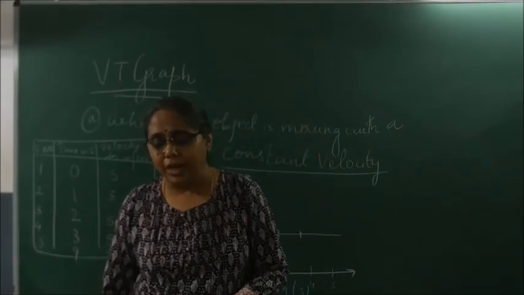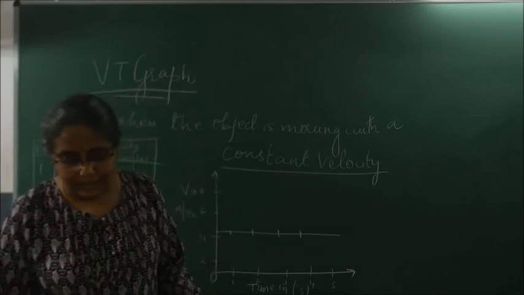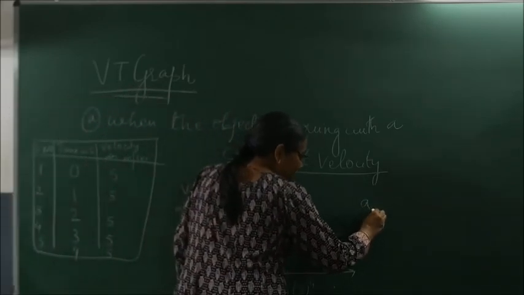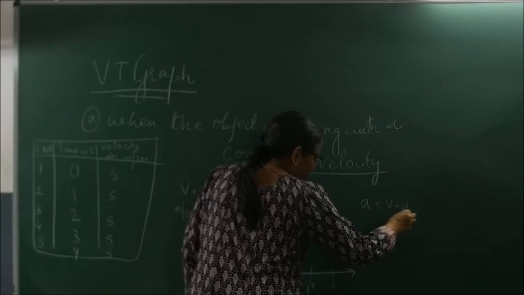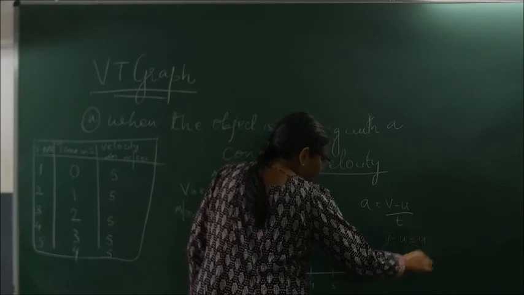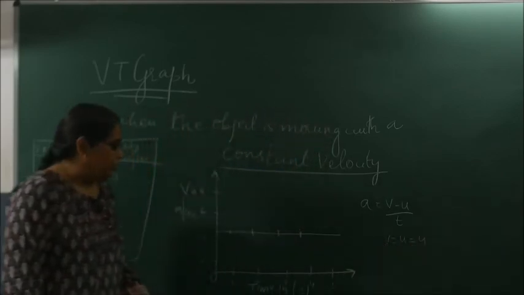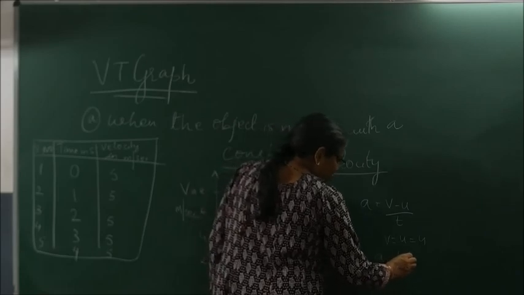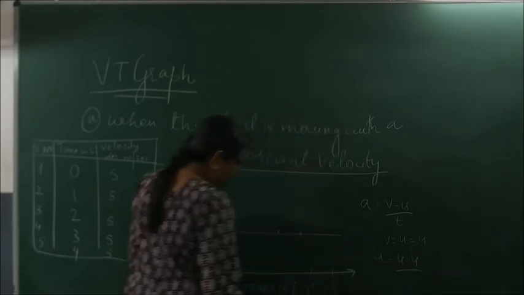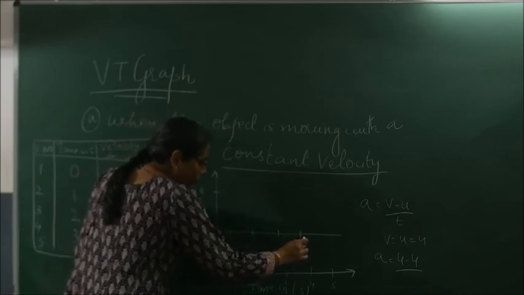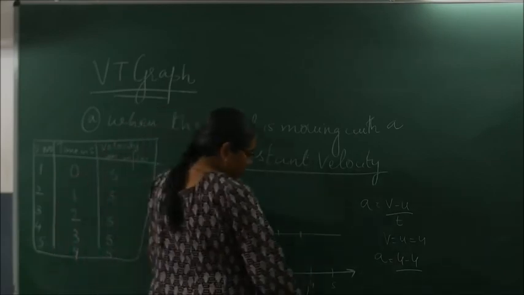So now we have to find out the acceleration here. As I said, acceleration is v minus u by t. But here v is equal to u, which is 5 meter per second. Let us suppose I tell you to calculate between 2 and 4 seconds.